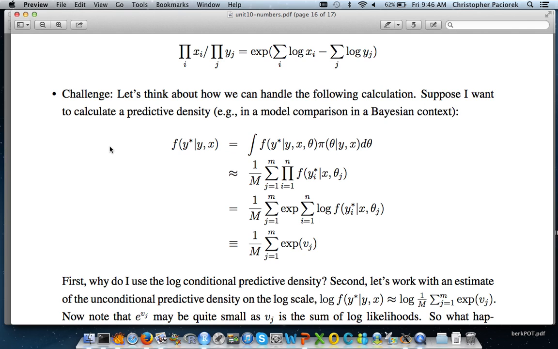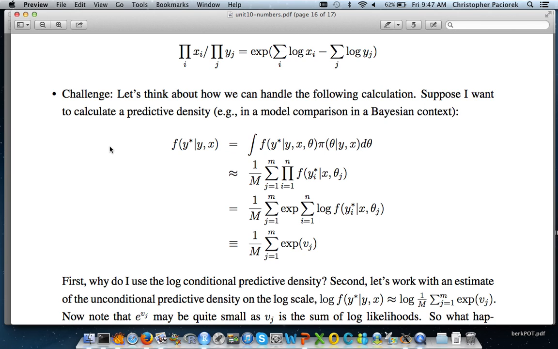Just like in the problem you did in the problem set, that's going to solve the problem of whether I can evaluate this product. Except in this case, instead of getting numbers that are too big and lead to an overflow, I have numbers that, in many cases with a likelihood, are going to be too small and lead to an underflow. So I can do this calculation, and let's say I get back a number like minus 400 or minus 500.